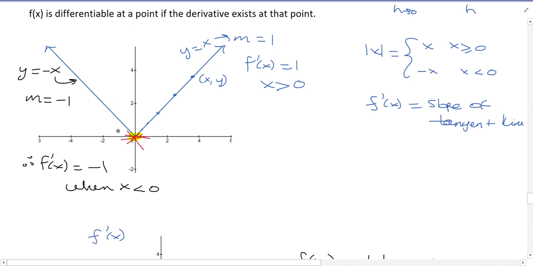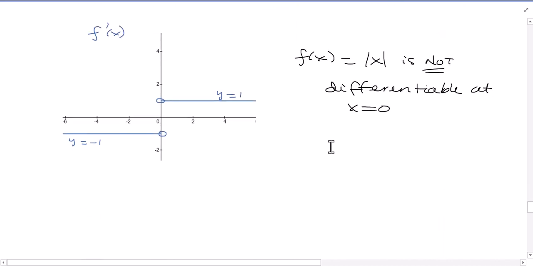I could have all kinds of different tangent lines, so there's no unique tangent line. So we say that f prime is undefined, because it's not defined to be a unique answer. It can be many, many things, so it's undefined. So f of x is not differentiable at x equals 0.